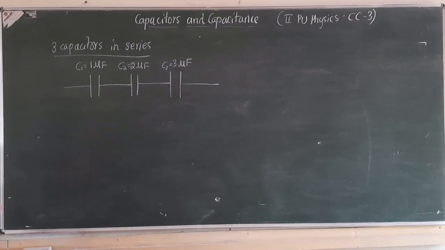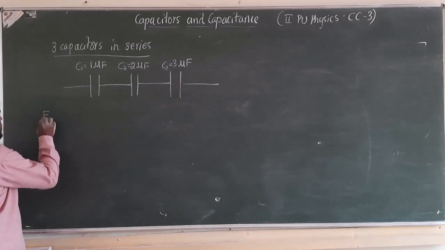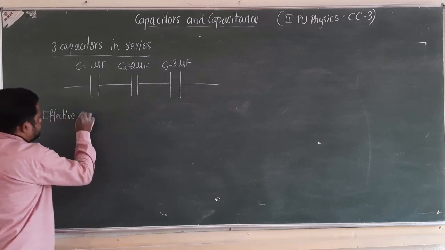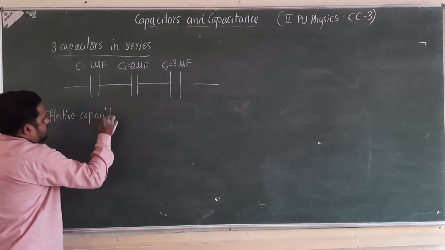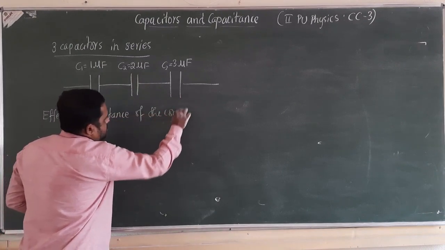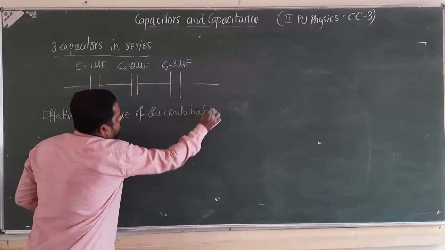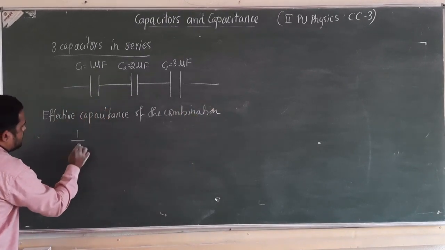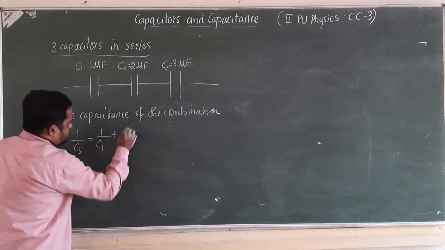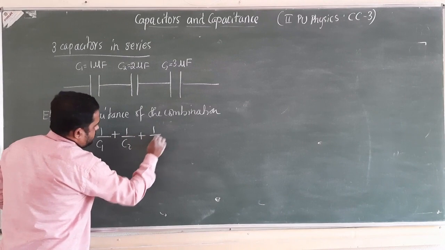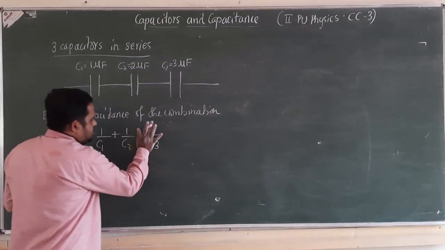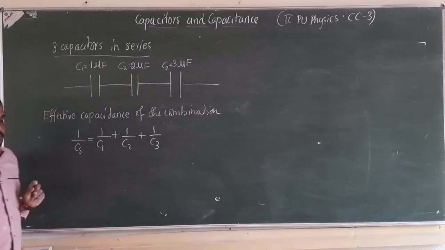How to calculate it? The formula is 1 by Cs is equal to 1 by C1 plus 1 by C2 plus 1 by C3. If it is 2 capacitors, then remove this part: 1 by C1 plus 1 by C2.